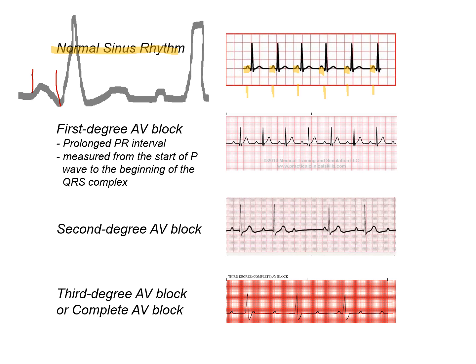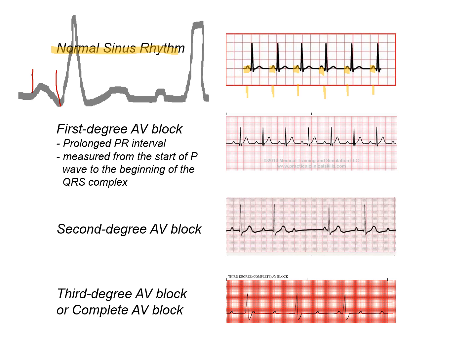There's normally a 0.1 second or 100 millisecond delay at the AV node, so that the signal to depolarize the ventricles doesn't get through immediately, but first the atria contract and then the ventricles contract. It's steady, and there's always a certain delay.